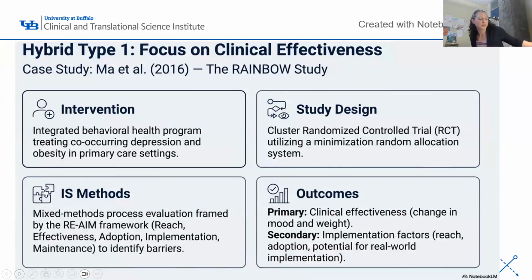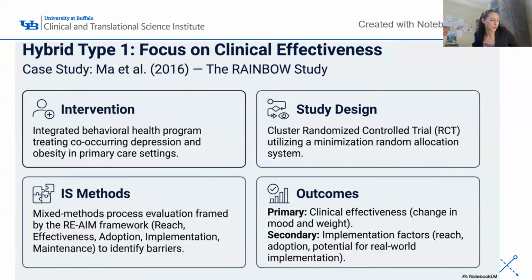An example of a hybrid type 1 study is the Rainbow study, which was a study looking at a behavioral health intervention for co-occurring depression and obesity in primary care. The intervention consisted of 12 months of behavioral health coaching for patients, looking at pharmacotherapy for depression as well as behavioral treatments for obesity.